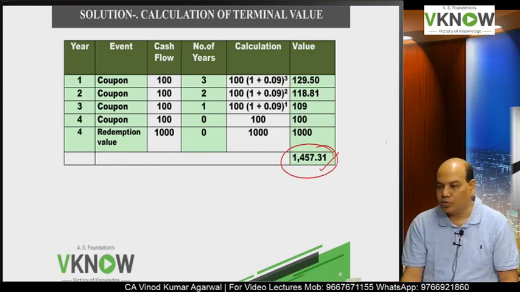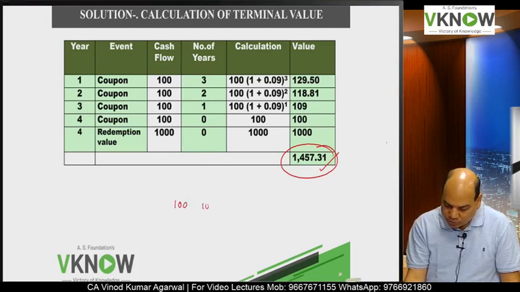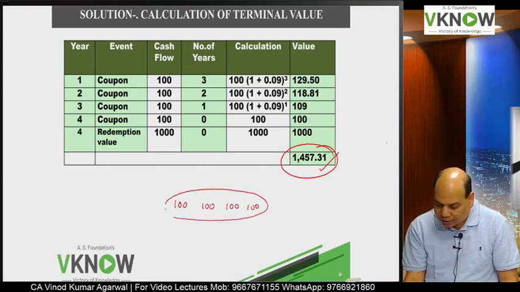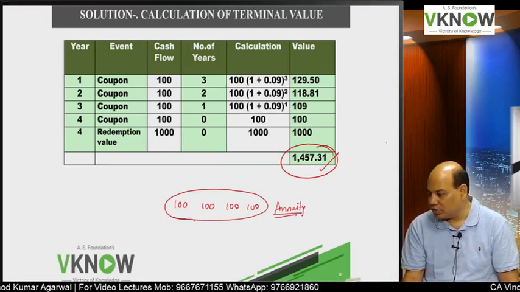By applying the formula of future value of annuity. You are receiving 100 rupees, 100 rupees, 100 rupees, 100 rupees, 4 times. So this is called annuity. Annuity: same cash flow with same frequency.